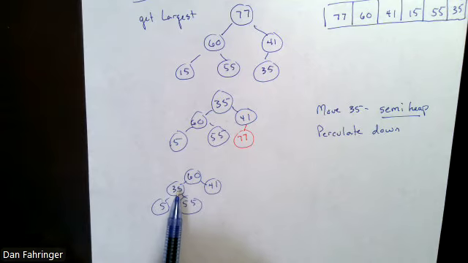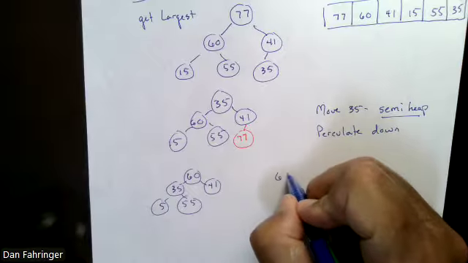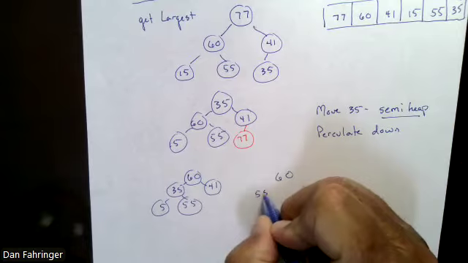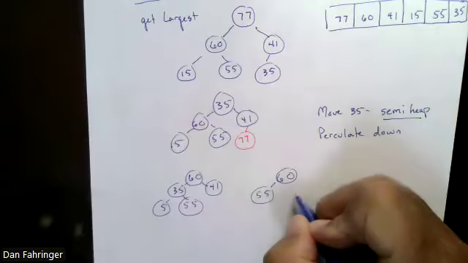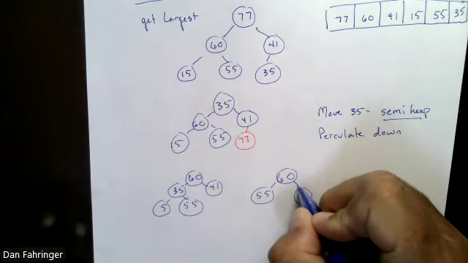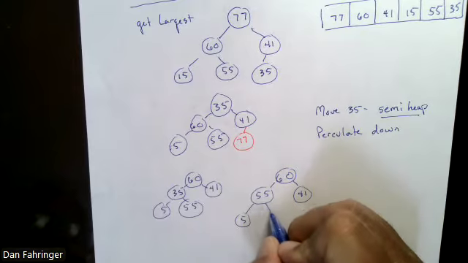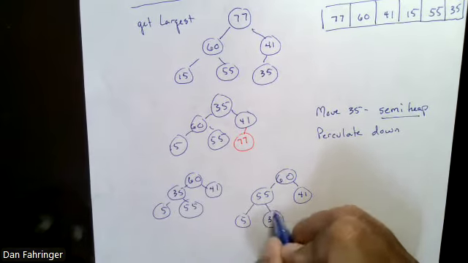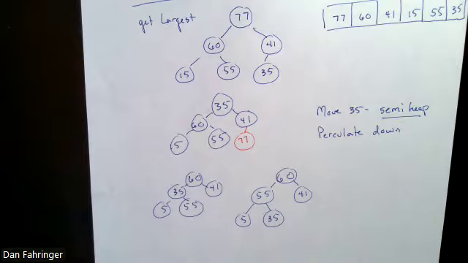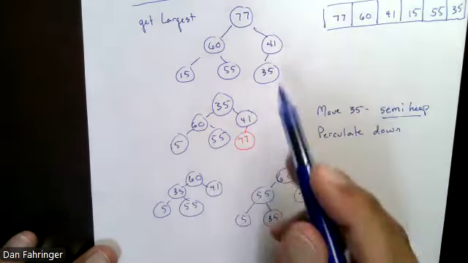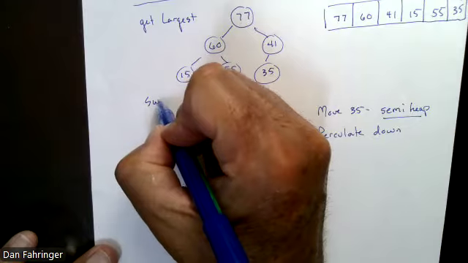Redo. Can I percolate down more? The answer is yes. I'm going to switch 35 and 55. So now I have 60, 55, 5 didn't go anywhere, but 35 is now over here. So I did the swap from here to here.